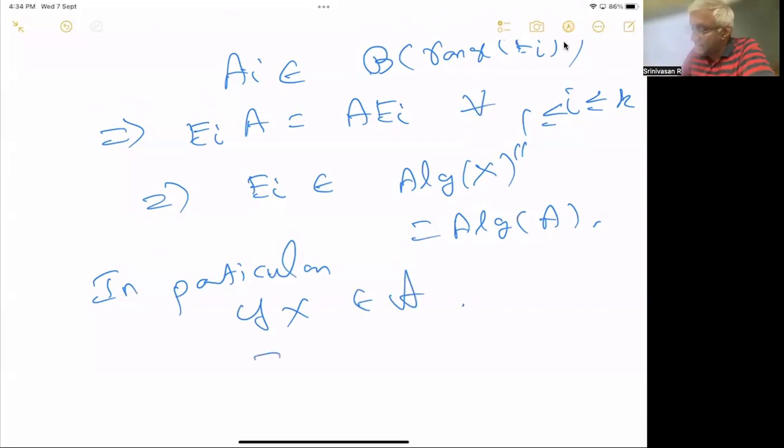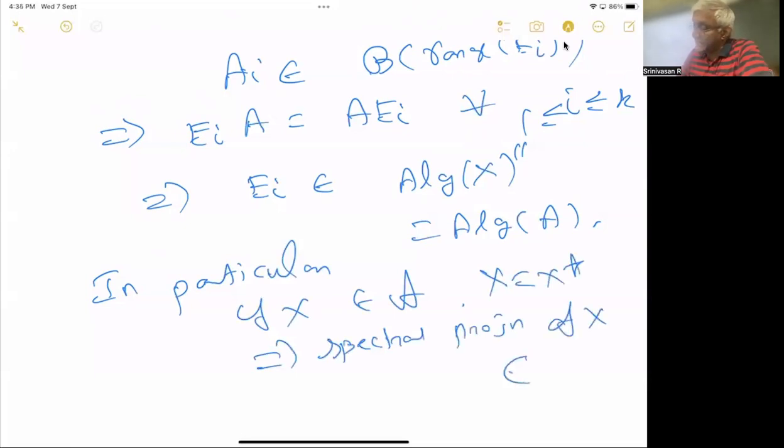So if X is in A and self-adjoint, X equal to X star, then the spectral projections of X are contained in A. So if some X is in A, then the spectral projections are also contained in A, so we can talk about the probability and all that.